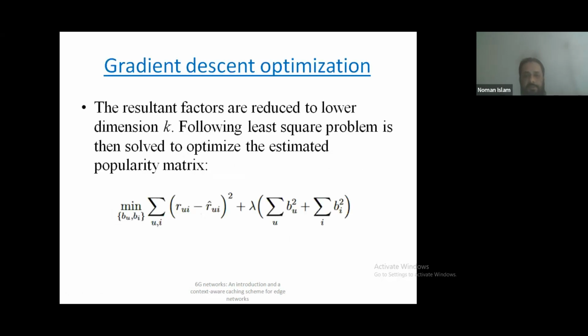So based on gradient descent optimization and using this formula, the loss function, we can generate a low ranked version, and then they can be used for recommending the particular item to be cached.